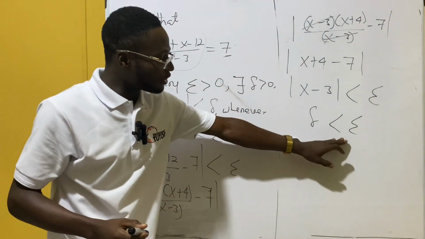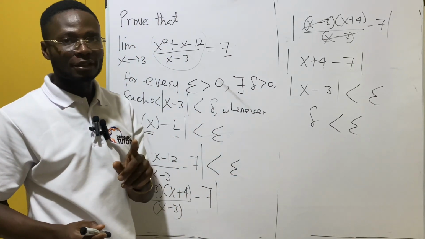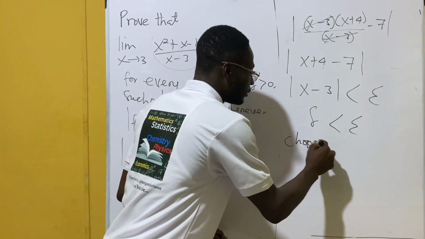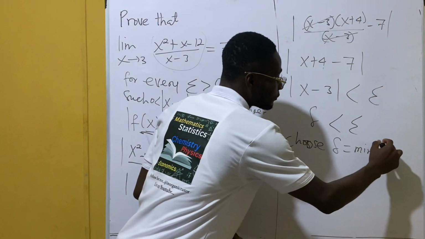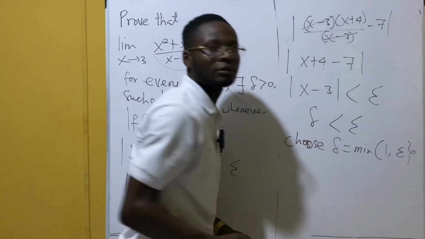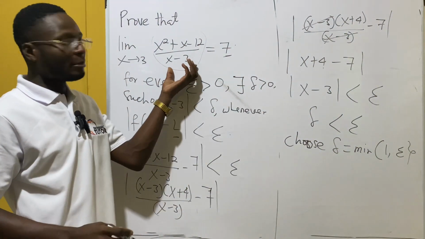We have to consider that delta has to take a minimum of 1. So we choose delta to be equal to the minimum of 1 and epsilon. So this proves our problem.